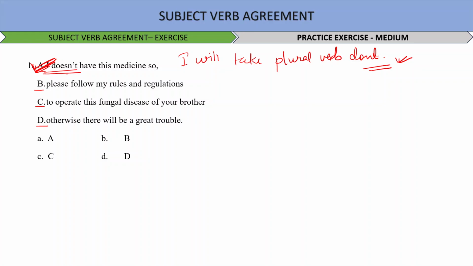This I will take don't, basically: I don't have this medicine. This will be an appropriate sentence and not I doesn't. So the error is in option number A. Easy to understand, I guess. We understood the pattern. I hope you have understood and gone through the pattern properly. Now moving to the next question.